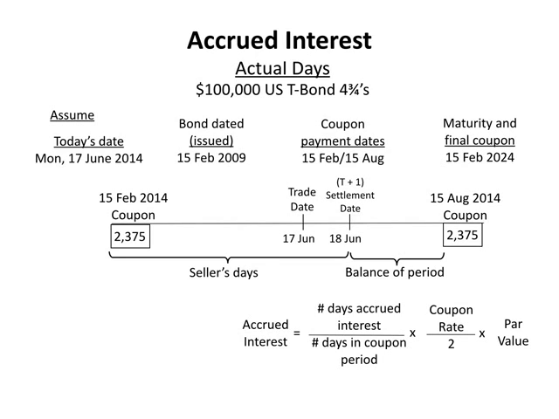A significant difference between this formula and the one used in the 30/360 example is the division of the coupon rate by 2. That adjustment is necessary here because what's being computed is the portion of the coupon period over which the seller was accruing interest. The 30/360 convention considers the portion of the year over which the seller was accruing interest, so the formula uses the fraction of the year over which interest was accrued times the full annual coupon.